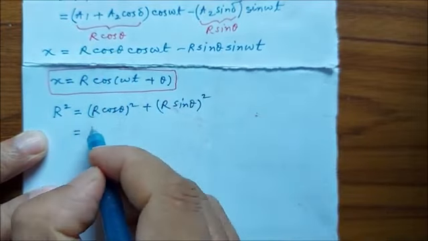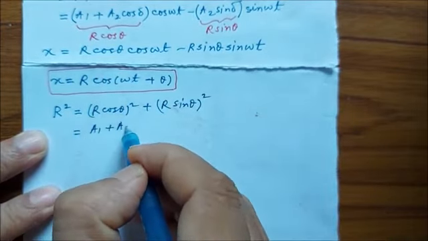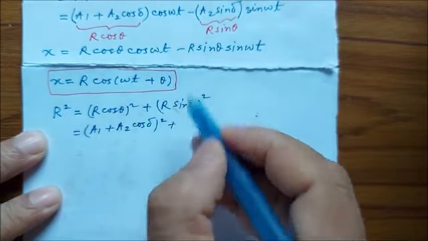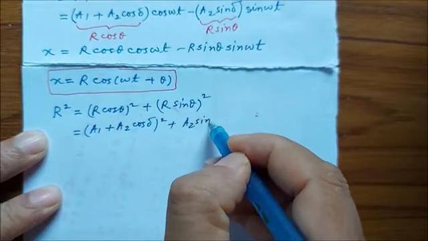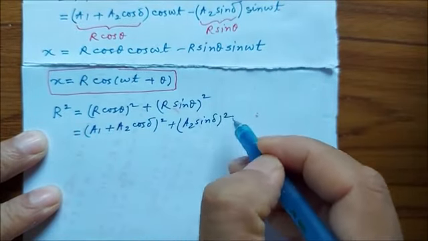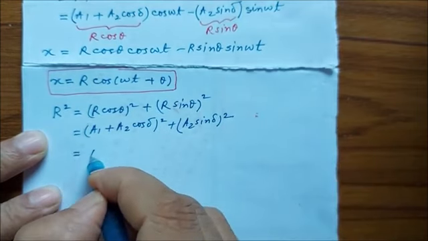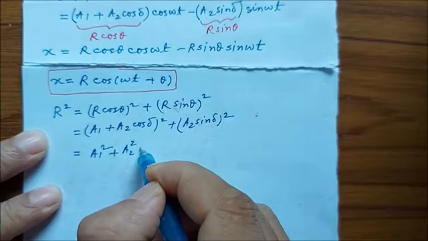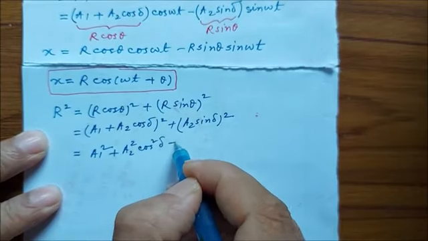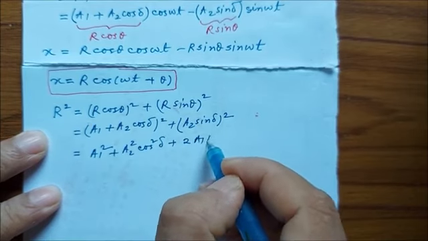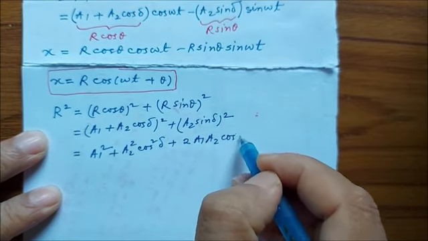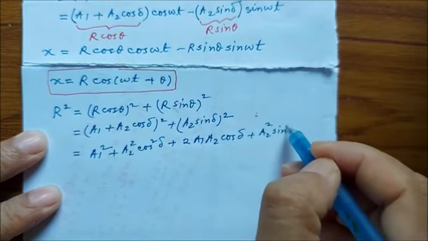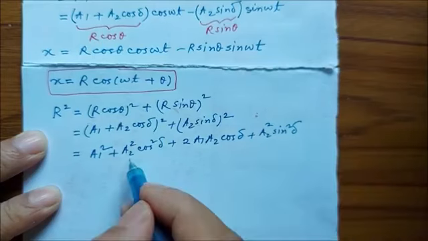Putting the values of r cos theta and that of r sin theta, and here we have a2 square sin square delta, which can be combined with this term.